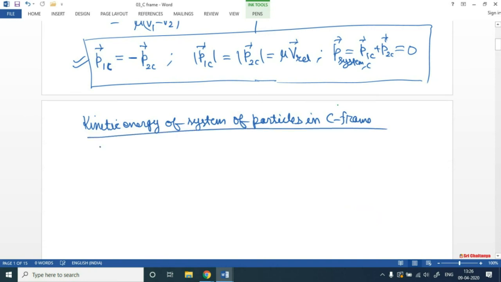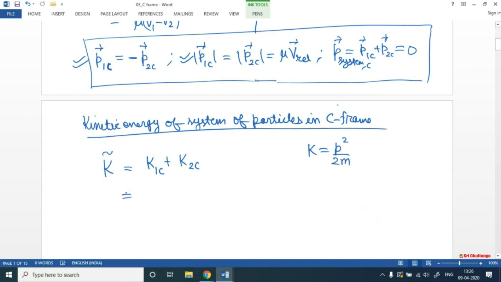Okay, so the kinetic energy in the C frame, we will generally use the symbol K tilde. That would be the kinetic energy of 1 with respect to the center of mass plus the kinetic energy of 2 with respect to the center of mass. And since we already know the formula for linear momentum, and the formula K equals P square by 2m, we already know.